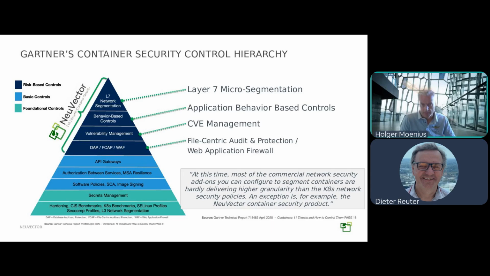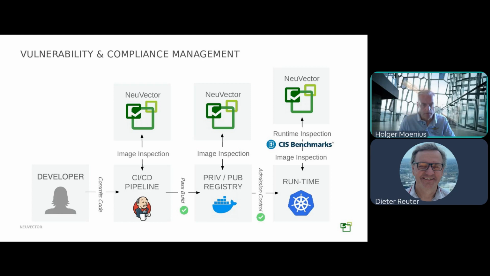And in addition, the classic CVE vulnerability management we can do as well, like I explained in the use case slide before. Again, in a bit more detail, the vulnerability and compliance management. As soon as a developer creates an image and puts it on the CI/CD pipeline, we can scan it. And NeuVector is a very neutral tool.